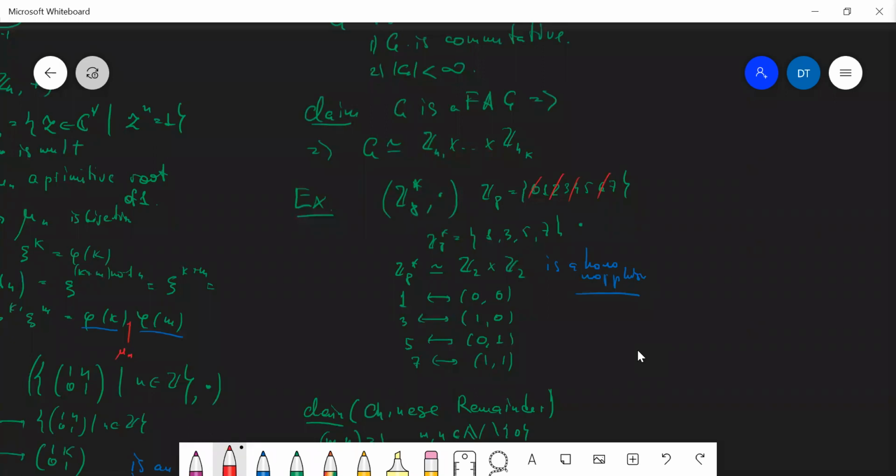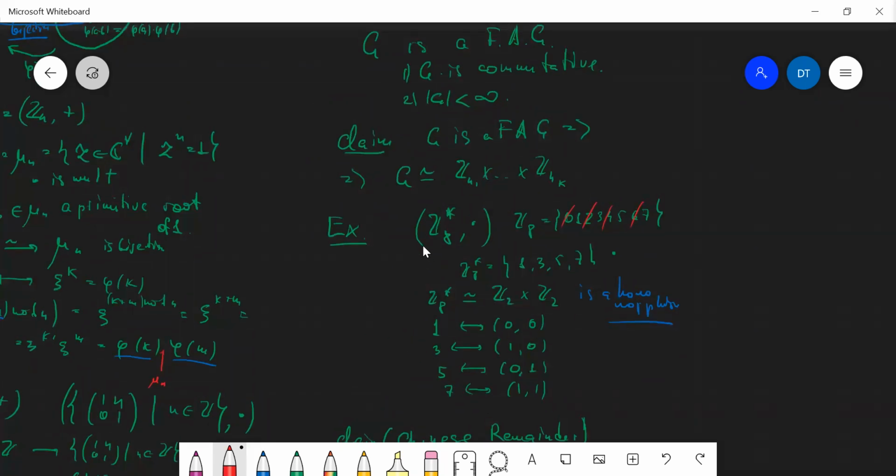Thank you. Okay. Are there any other questions? I have a question about when we write Z8 star with this star, we mean that it's a group, right? So it should only have elements 1, 3, 5, 7, right? Yep.